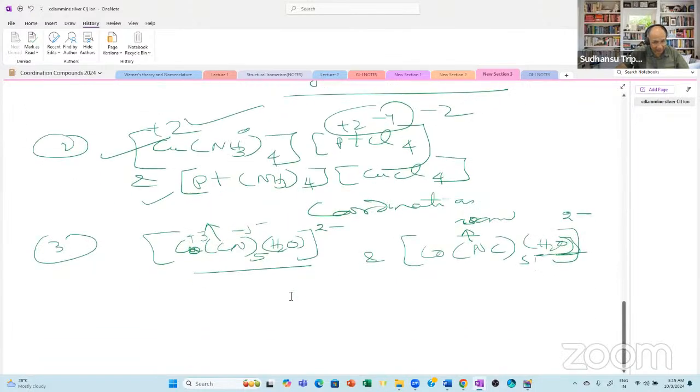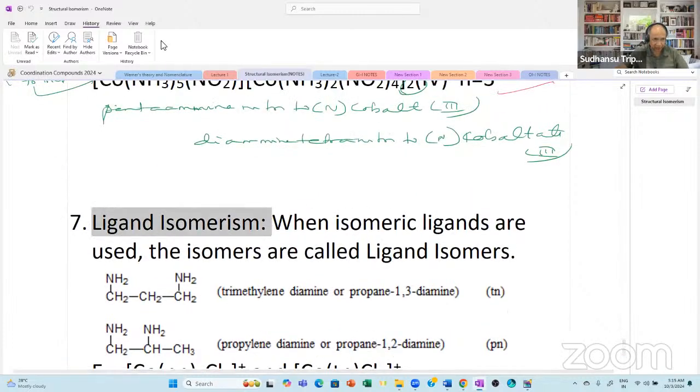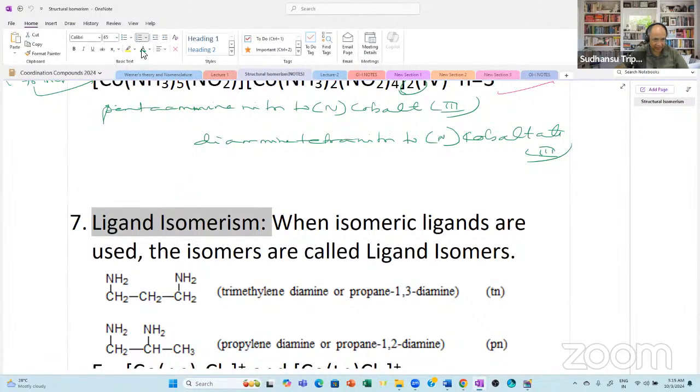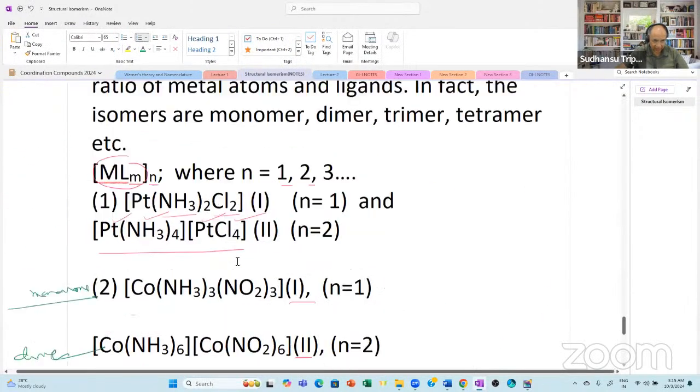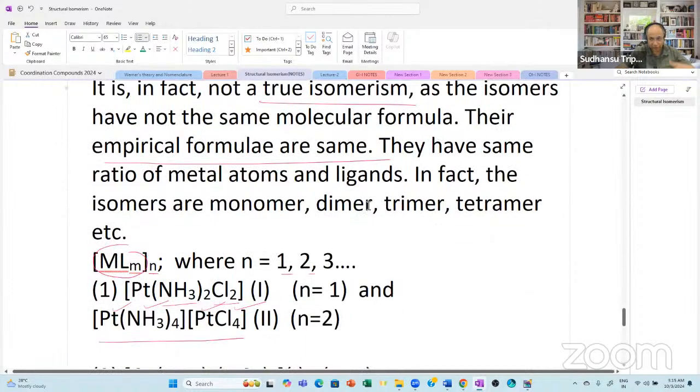So we have another kind of isomer that I have not told you, that is ligand isomerism. And we have not revised today the polymerization isomerism, where the isomers are really polymers: monomer, dimer, trimer, tetramer.